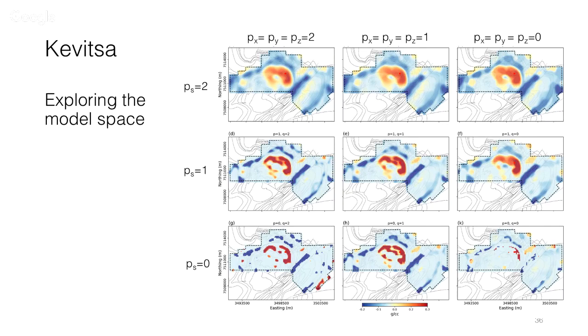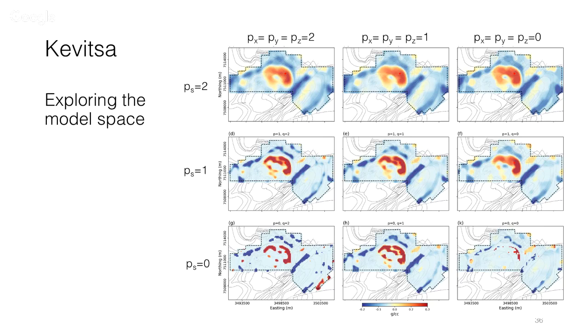As we go from P_s of 2 to 1 to 0, you can see how that L0 term gives you the fewest number of elements that are blue or red, and therefore you're really making this whole thing compact. And then you also do that with the derivatives, and you've got this.